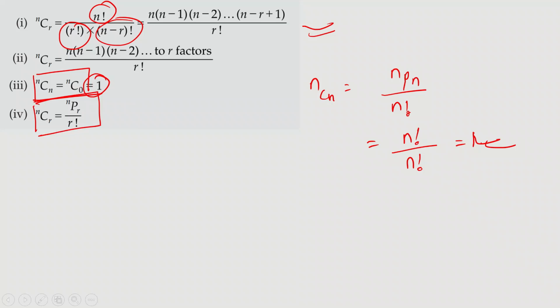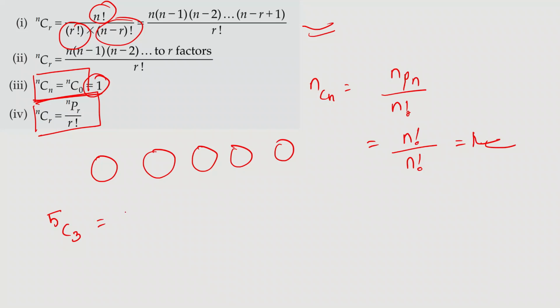Now suppose I again give you some balls. Assume I give you 5 balls. These 5 balls are different. Then I ask you in how many ways you can select 3 balls out of these 5 balls. That combination is given by 5C3. Now this 5C3 is also equal to 5C2. Why? Let me tell you.